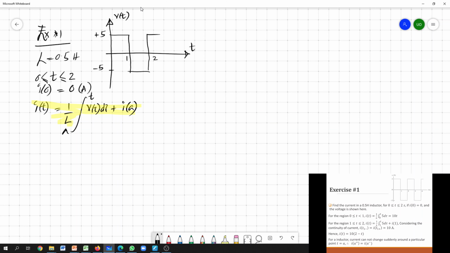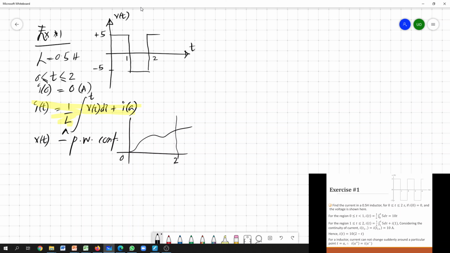To find the current, we need to evaluate the integral. We know that V(t) is a piecewise continuous function, not a single continuous function between 0 and 2.